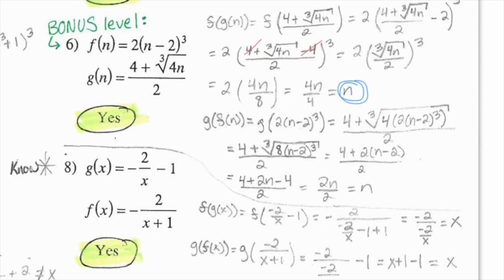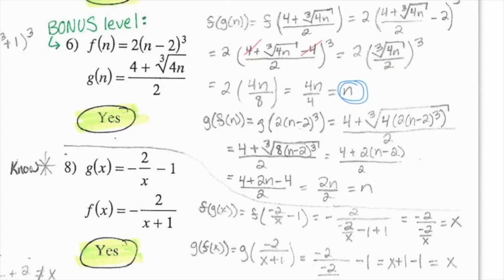So again, let's walk through the steps there. The expression that f is equal to becomes my input underneath the radical here in the g, because that's the only place we see our n in the g function. So first off, we have g of this whole expression, and then you can see me substituting that right in there for our n variable.